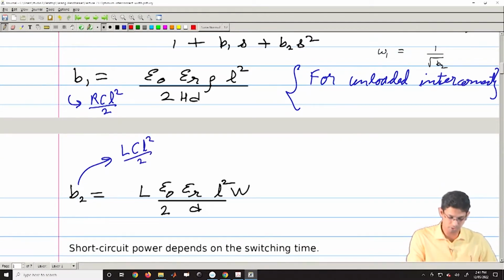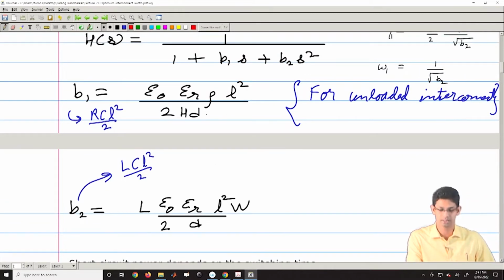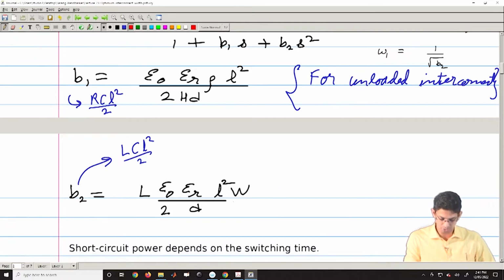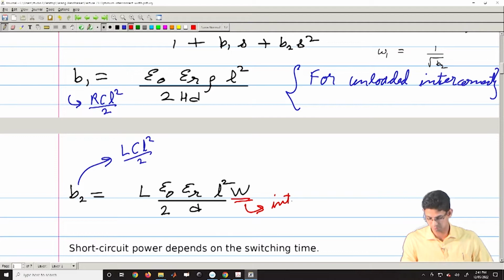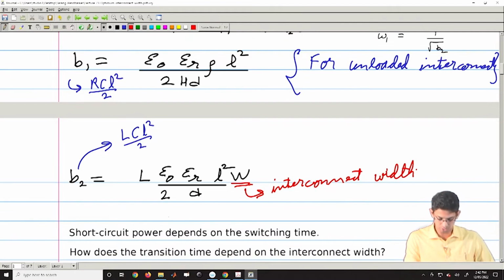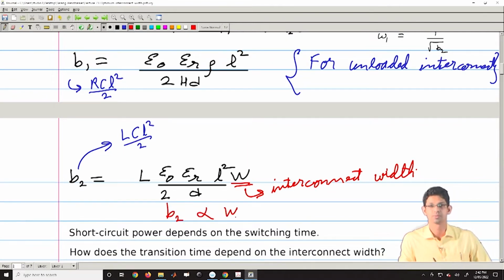Here we had seen that this B 1 is independent of interconnect width. However, B 2 depends on the interconnect width. So, your B 2 is actually linearly proportional to width.